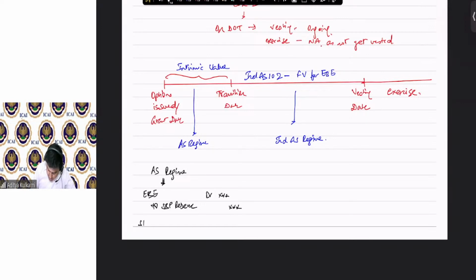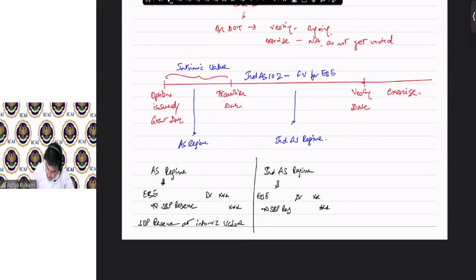That means SBP reserve at intrinsic value. Ind AS regime, because options have not yet vested, EBE debit to SBP reserve. This is at fair value.